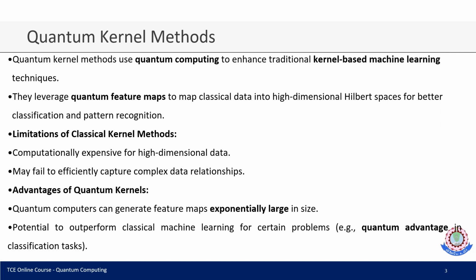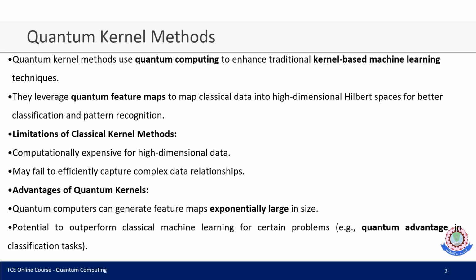Quantum kernel methods are used in quantum computing to enhance traditional kernel-based machine learning techniques. A quantum feature map is used to map classical data into high-dimensional Hilbert space for better classification and pattern recognition.